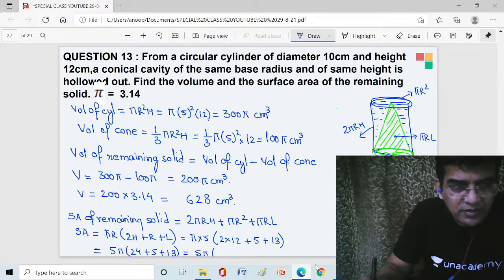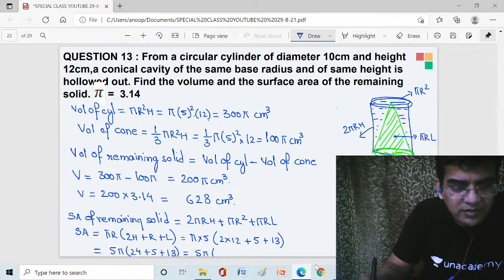The decimal will shift one place, so it will become 21 into 31.4. So 21 into 4 will give you 84. Carry over 8, 21, 20 and 8, 9, carry over 2, 21 into 3 are 63 and 2, 65, so 659.4. So this will be the surface area.